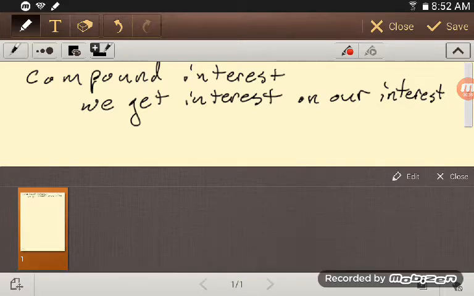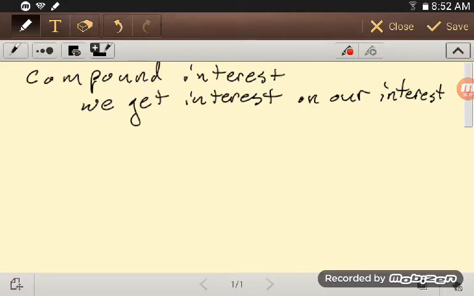So in this case, we still have the idea of the simple interest, but we're going to leave our money in the bank so that we just keep getting more interest.